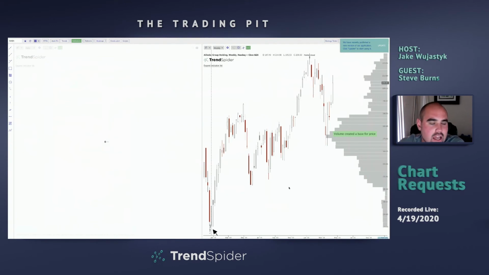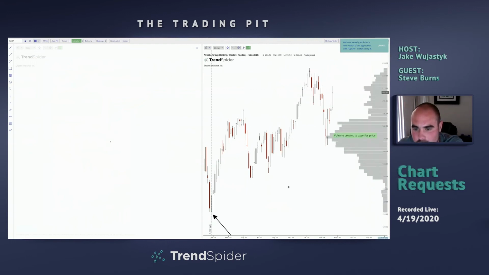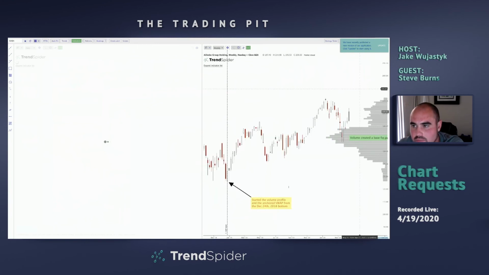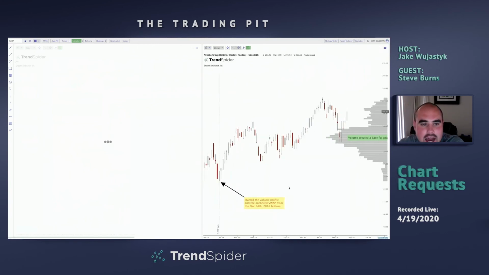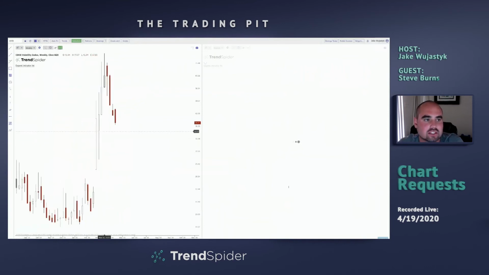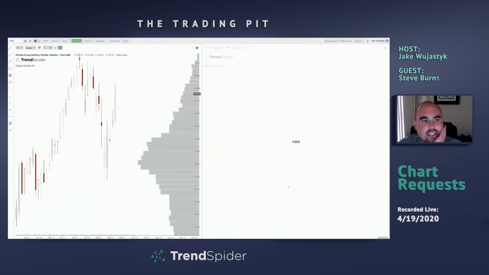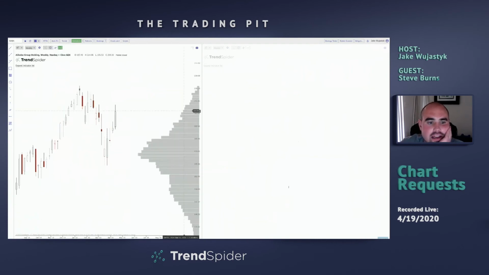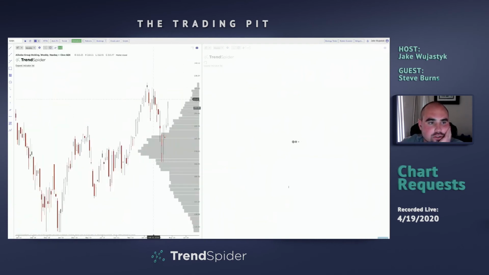You've got a complete sentiment change, essentially, because you've got Warren Buffett selling partial positions of his Delta position. So that's something to definitely keep in mind going into next week. Even though some of these stocks look interesting, we'll pull up BABA here. It doesn't necessarily mean that it's going to continue to be interesting.